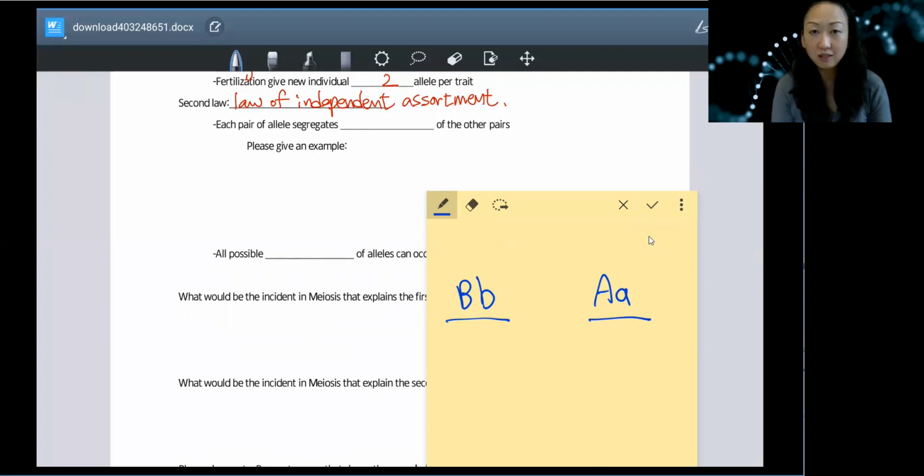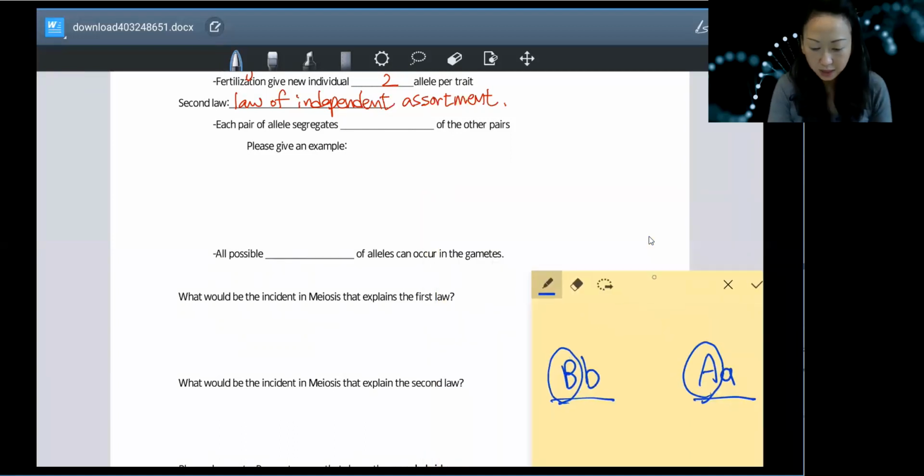How do they behave? If I get black hair, do I always get darker eyes? For example, big A stands for brown eyes. Is that always the case? The law of independent assortment is saying, nope, they sort independently. If I get big B, I have equal chance of getting big A or little a.